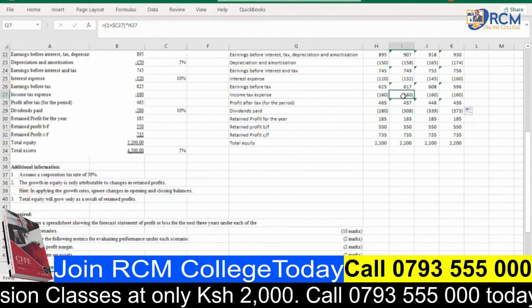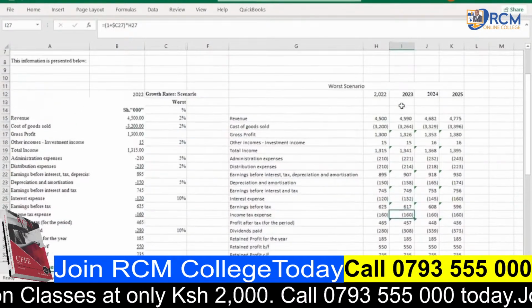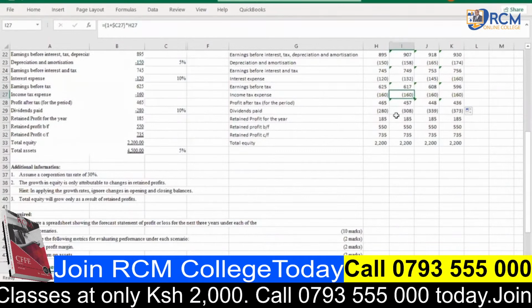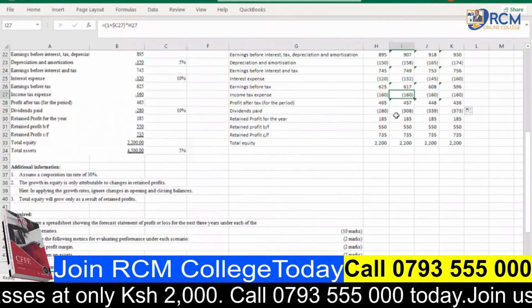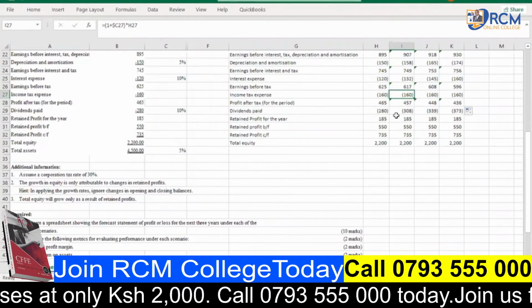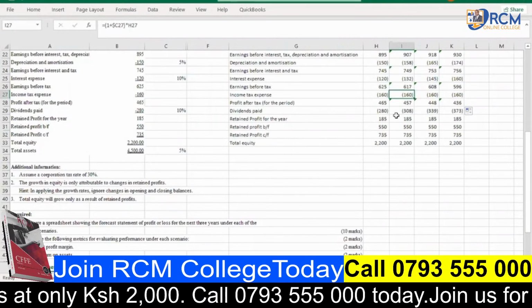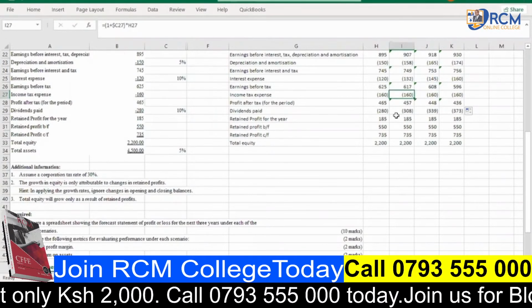But now the taxes for year 2, that is 2023. I want somebody to help us get the taxes for 2023. How are you going to calculate the taxes, given that the corporate tax is 30%? Sasa mtu atusaidie hapo.